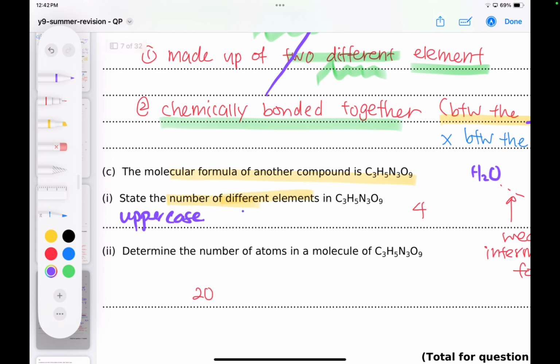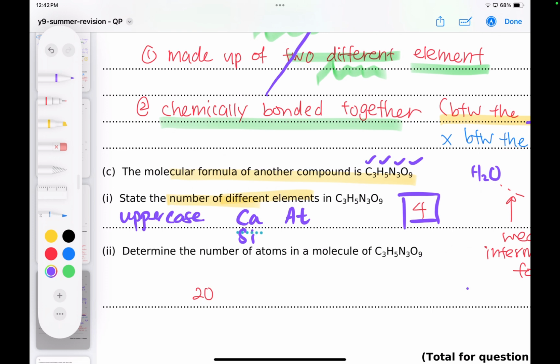There are certain elements that have 2 letters, like calcium or silicon, or astatine, but the second letter will always be a lowercase. So here you see that there are 4 main types of elements because they are all represented in uppercase. So the answer would be 4.